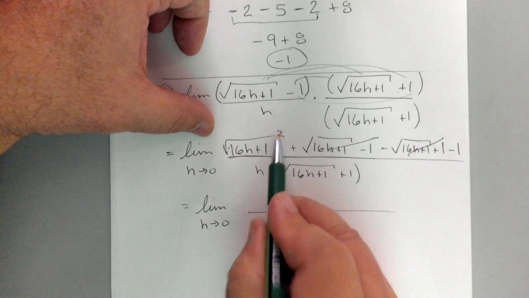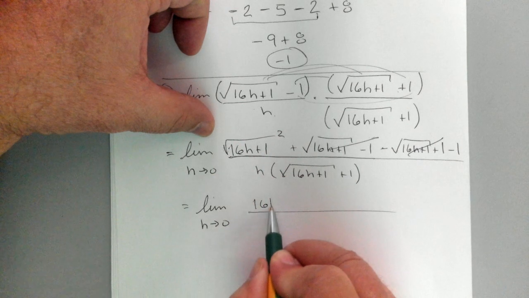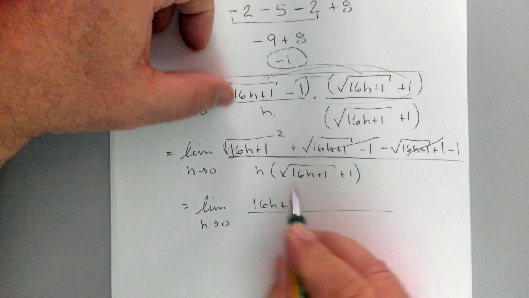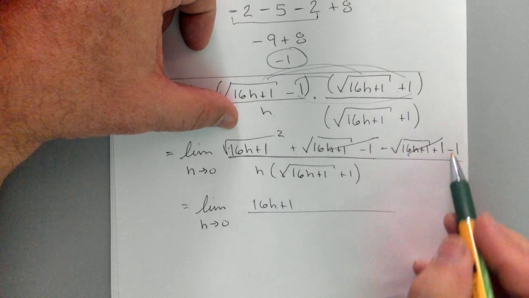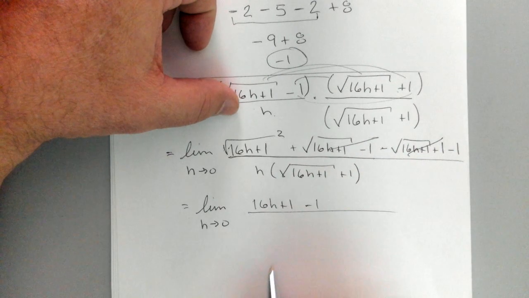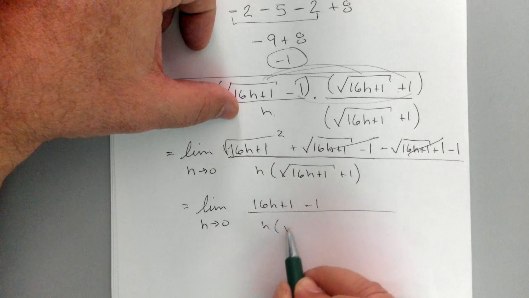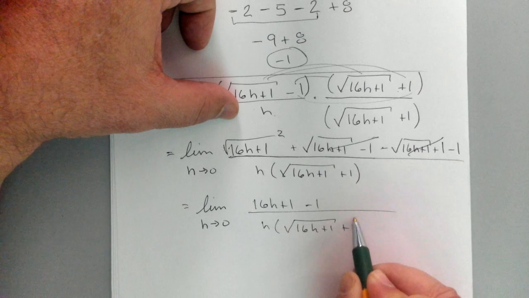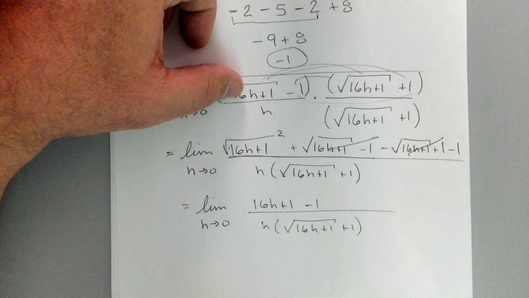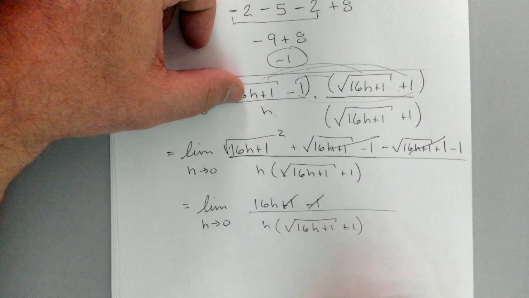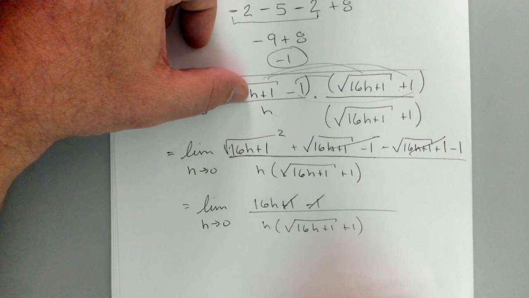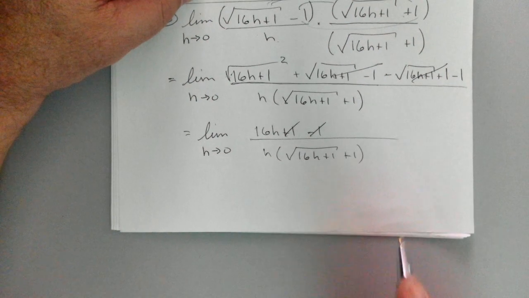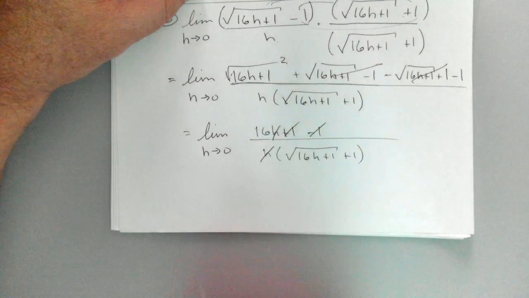So the radical and the square cancel out, so we have 16h plus 1 minus 1 over h, radical 16h plus 1 plus 1. So those cancel. The h's cancel.